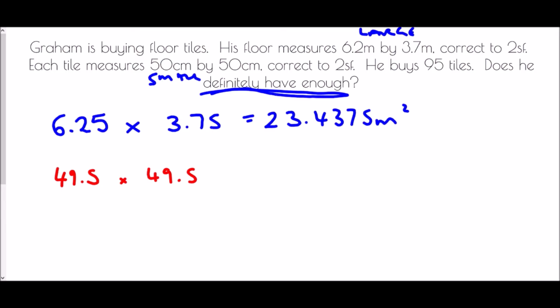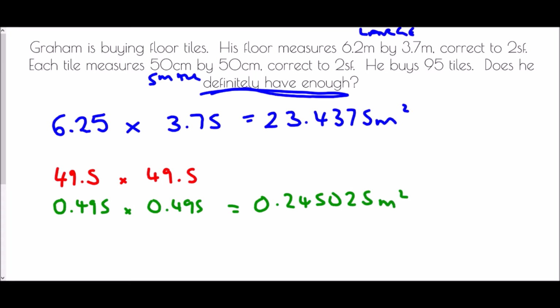But in this case, because we're dealing with metres squared in the previous version, I'm actually going to use metres here as well. And so this will be 0.495 metres times 0.495 metres. And if I multiply those together, I get 0.245025 metres squared.